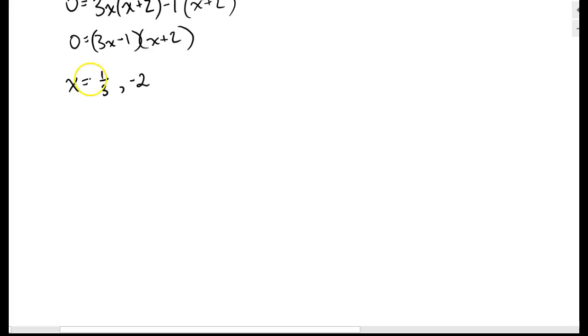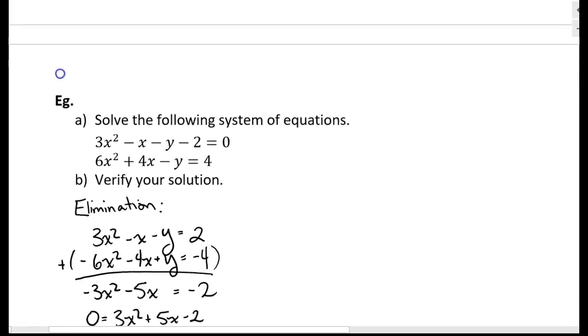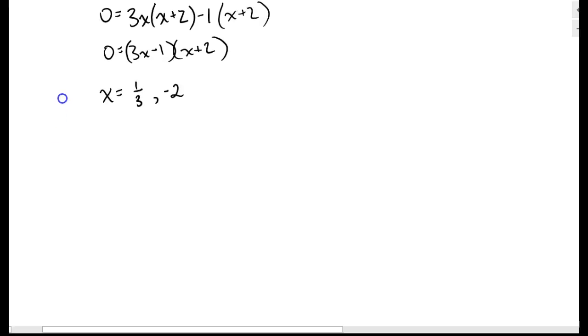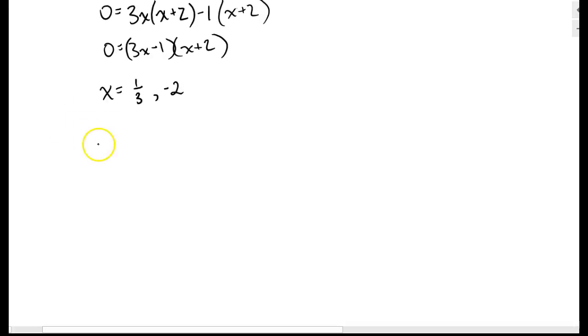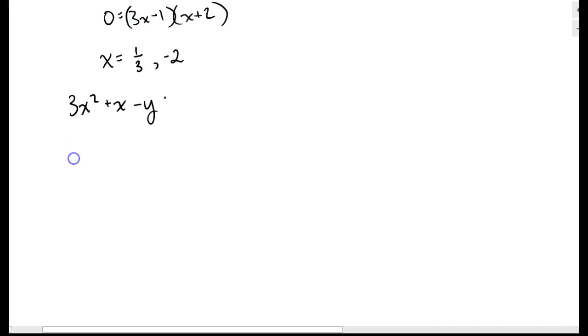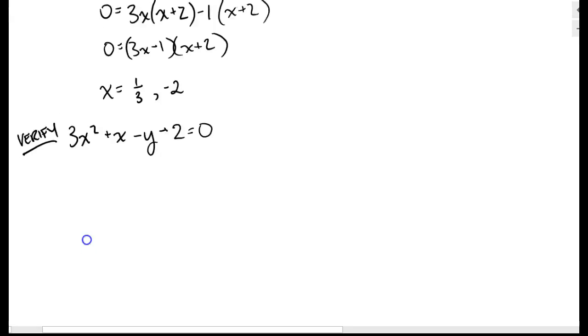From here, I'm going to plug back into one of my equations. I'm going to use the one that has a 3 in it, just for the ease of my sanity. I've got 3x squared plus x minus y, and what was the rest of it? Minus 2 equals 0. And again, I'm verifying this.